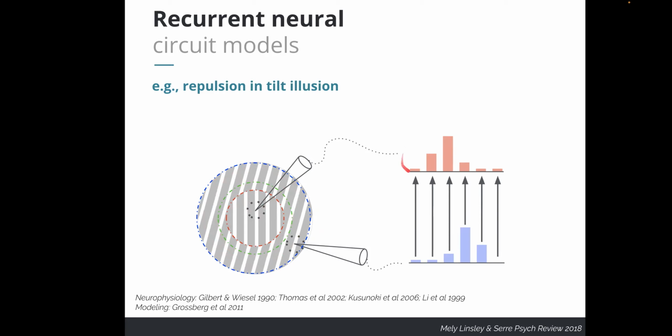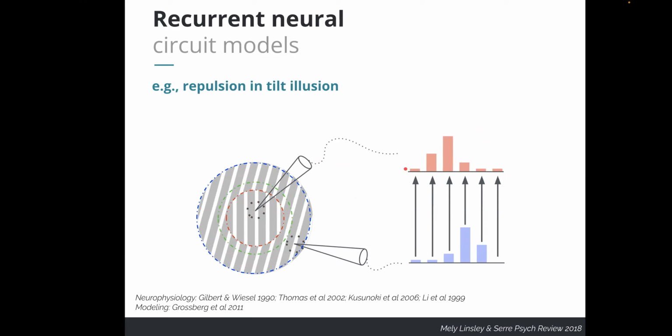Just to give you a preview of what I'm going to show you next, you're going to see neural population responses. Think of the x-axis as being neurons, or preferred orientation, where in this case, here would be 0 degrees, maybe purely vertical.